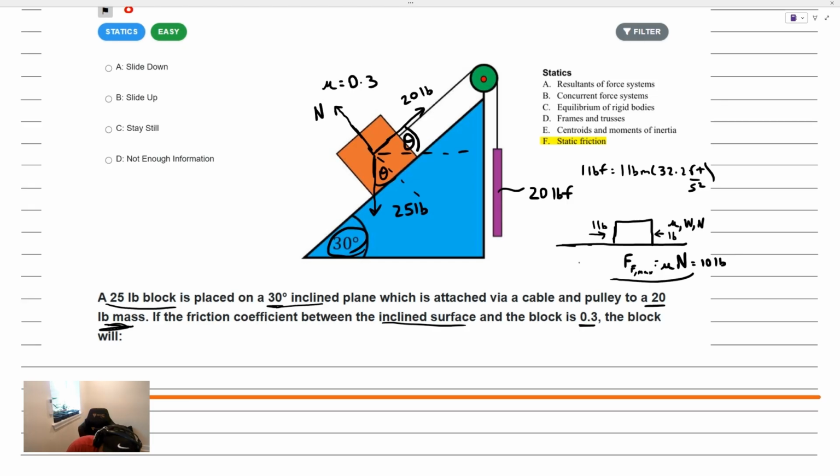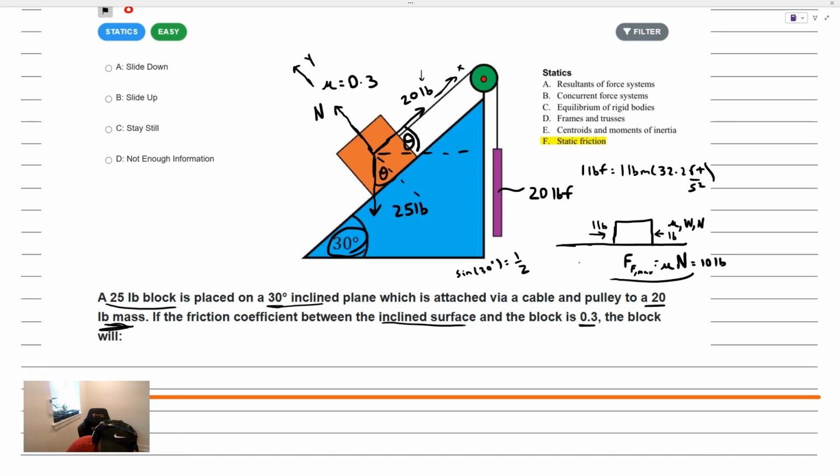We have 20 pounds in the x direction. Let's call this the x direction here. And let's call this the y direction here. We have 20 pounds in that direction, and we have 25 sine of theta. The sine of 30 degrees is equal to 1/2. So 25 divided by 2, that's 12.5.